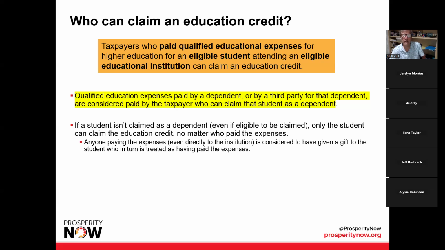So if junior graduated in May of 2024 and started college in August of 2024, he's going to get a 1098T that's going to have expenses for the fall semester and the spring semester. Again, that will all be claimed on that first tax return. So the flip side of that is that if they stay on a 4-year track, when they graduate in May, 4 years later, there won't be a 1098T to claim for the credit.